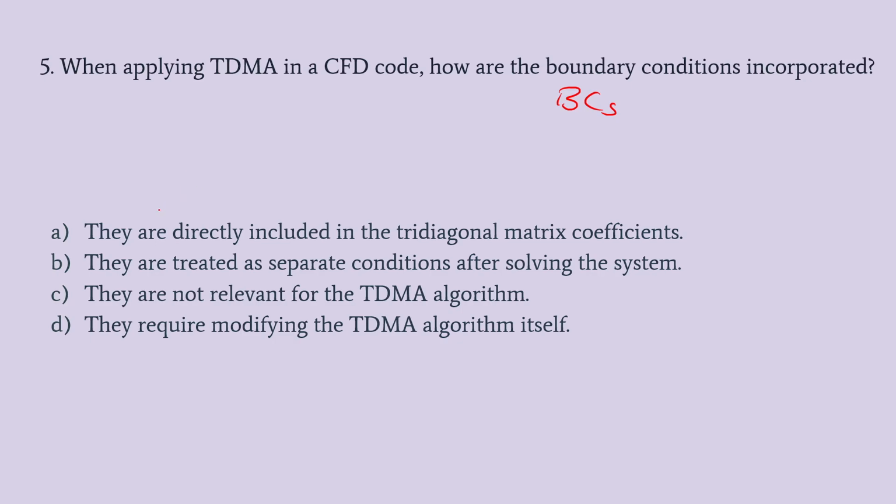Yes, the answer is option A. They are directly included in the tridiagonal matrix coefficients. If we know how discretization is done, when we have a domain, the boundary conditions are the conditions prevailing at the boundaries.